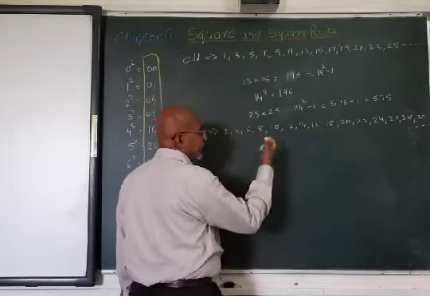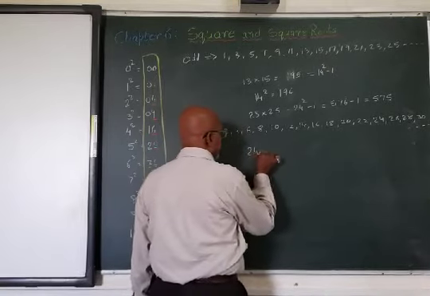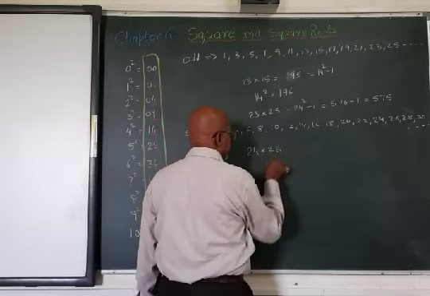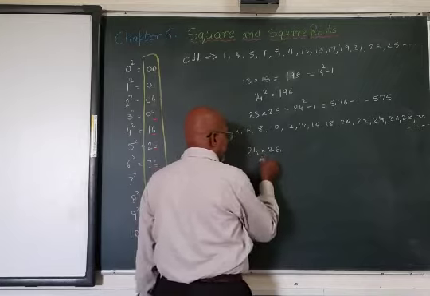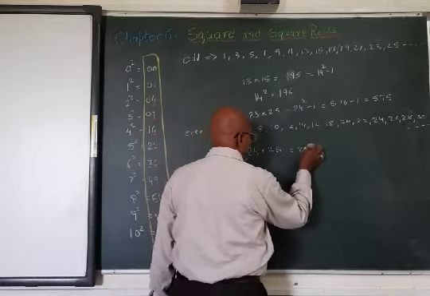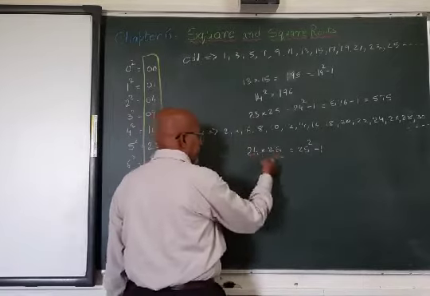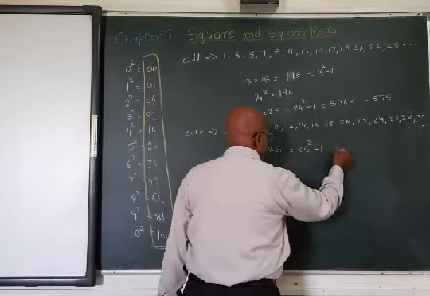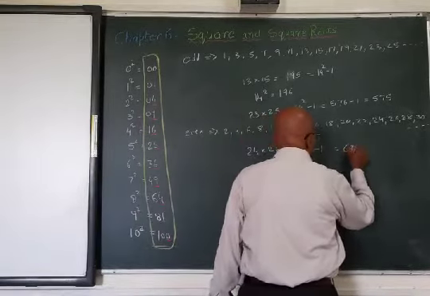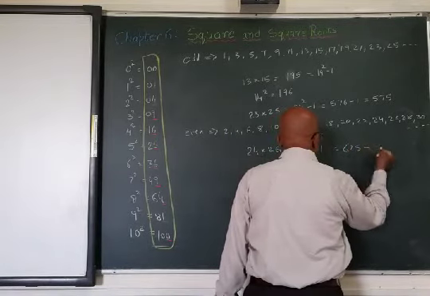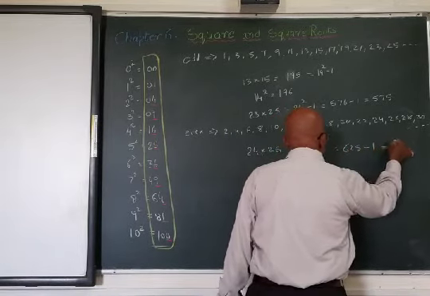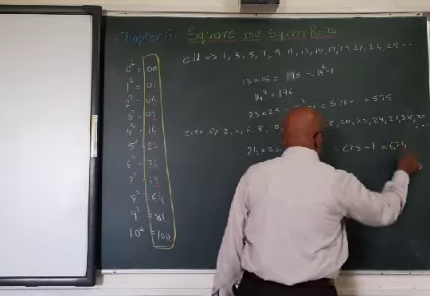Similarly, we can give one example. I will show here. Say 24 multiplied by 26. The middle number is 25. So 25 square minus 1. Now, what do we get? 25 square is 625, minus 1 gives you 624.